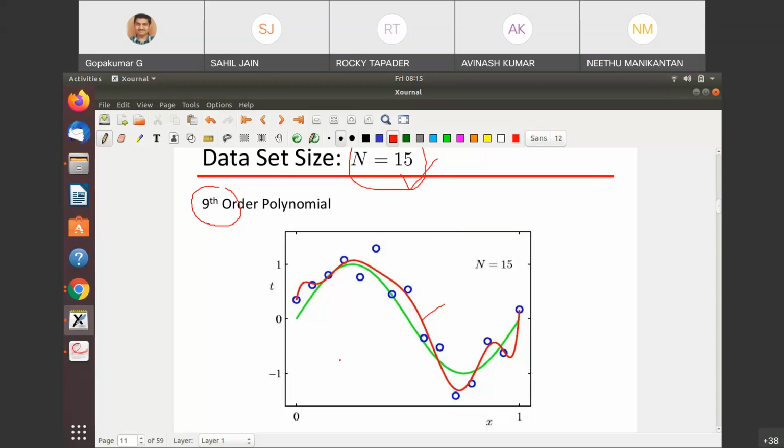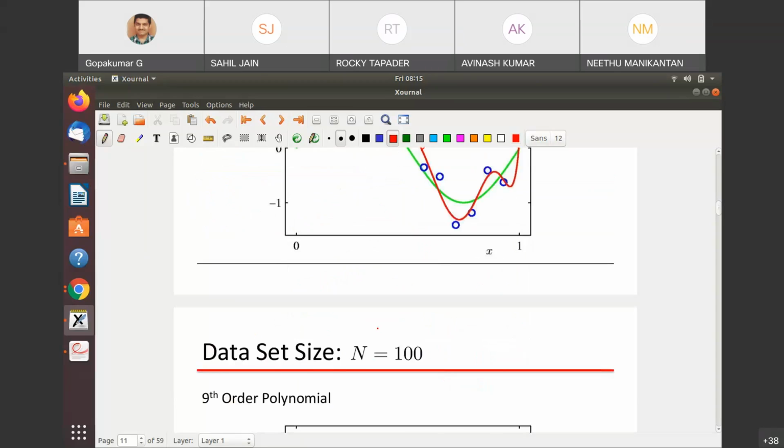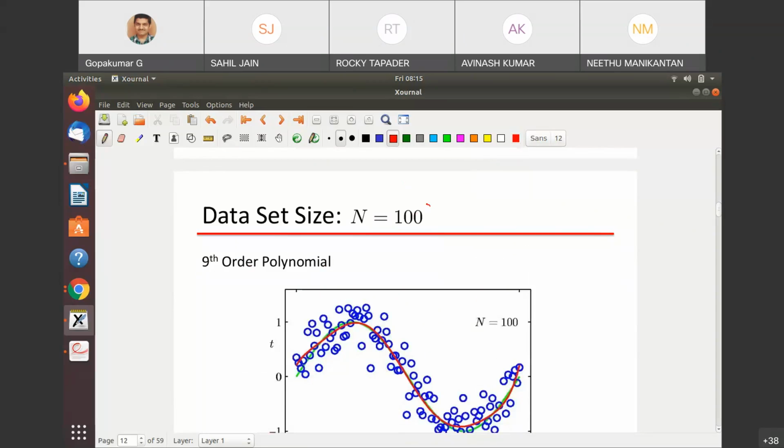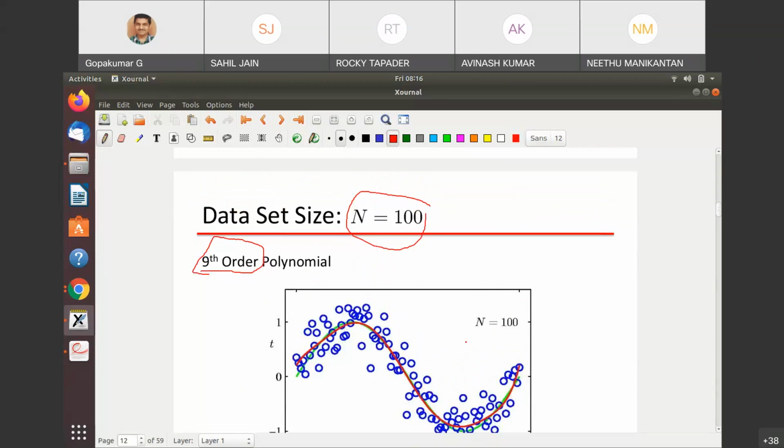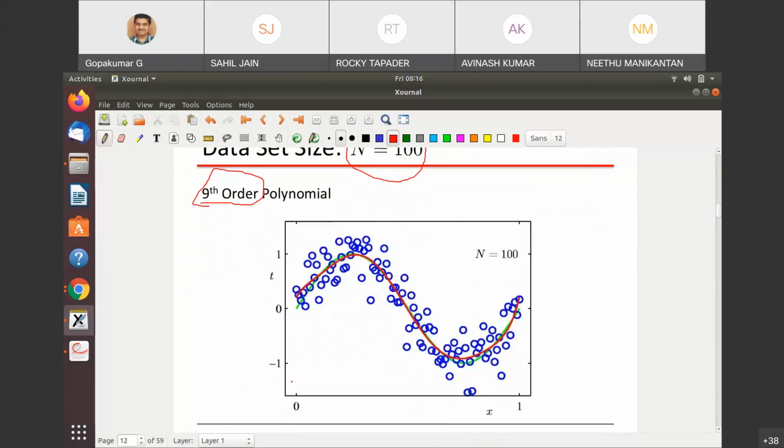That is one thing we always have to think of. Suppose we have the n is equal to 100 case, again with the same polynomial of order 9. Then you can see that it is a very good fit, almost fitting our original green curve. So more data helps us avoid overfitting.